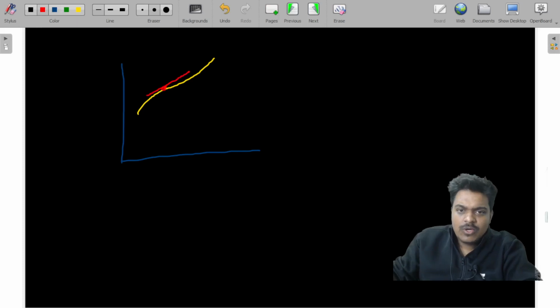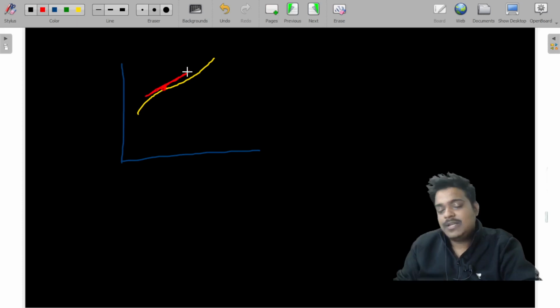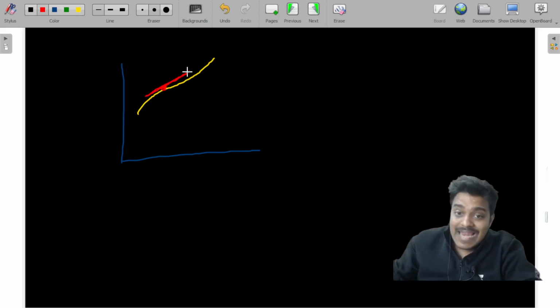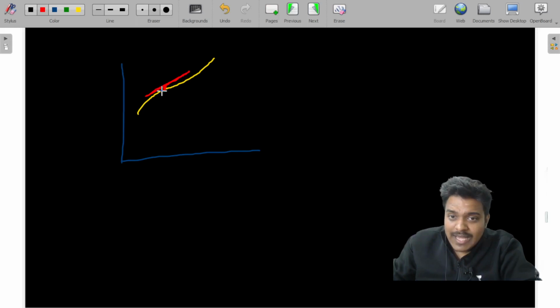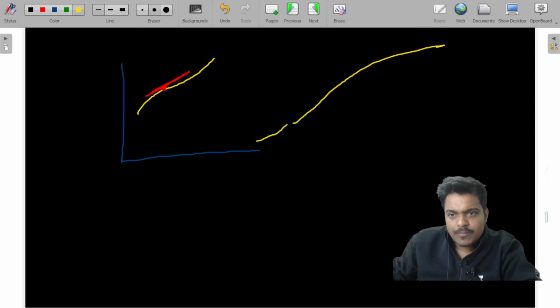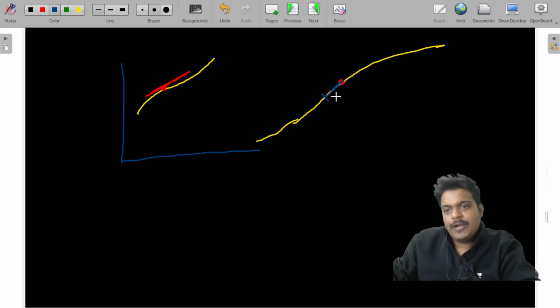So you need to draw a tangent at this point. This is what we mean by differentiation. Now, if you need to draw the tangent, I'll zoom it up for you. Suppose you need to calculate the differentiation at this point. So now there will be a left hand derivative, that is you will take a left point and try to calculate the differentiation with respect to the previous point.